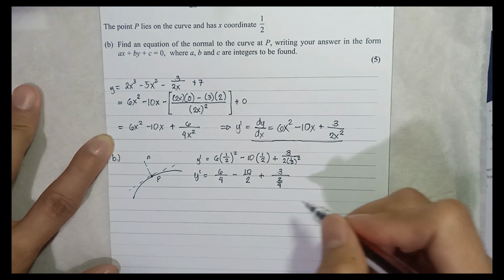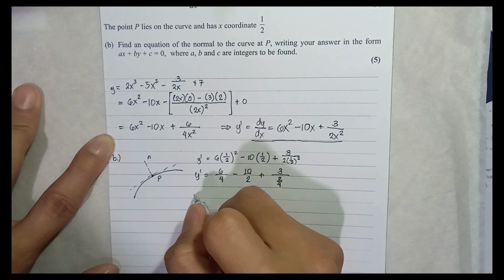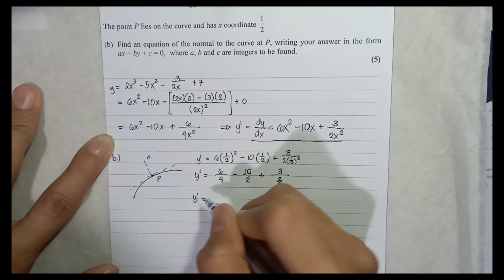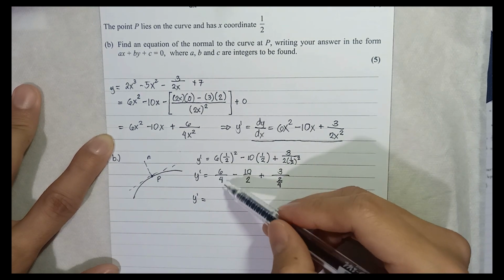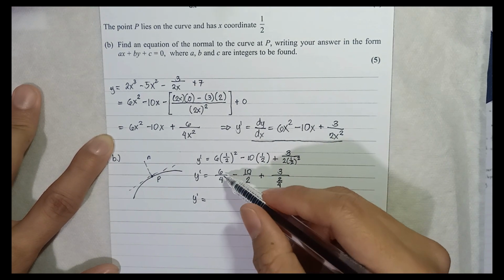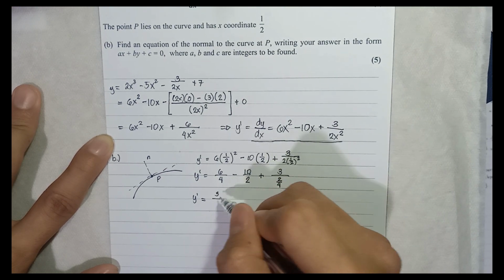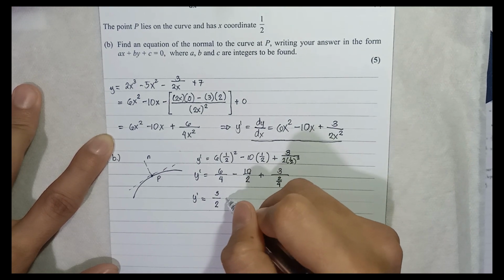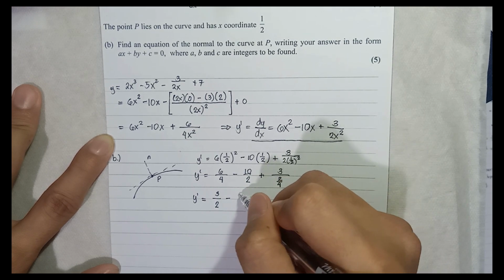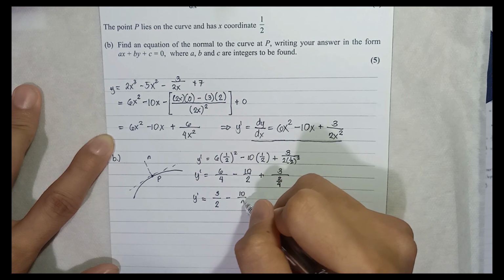Then we simplify again. 6 over 4, both of them are divisible by 2. So 6 divided by 2 is 3, 4 divided by 2 is 2. Then minus, let's just keep this as 10 over 2 so that we have the same denominators.